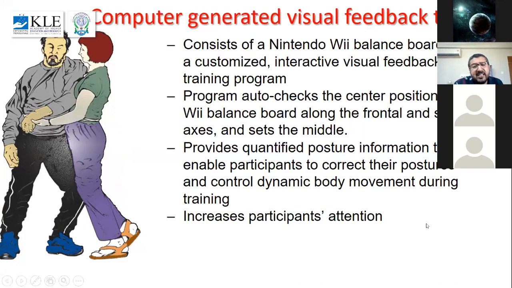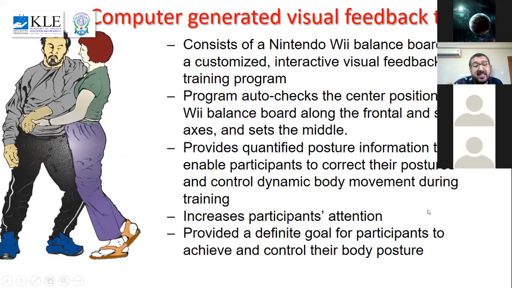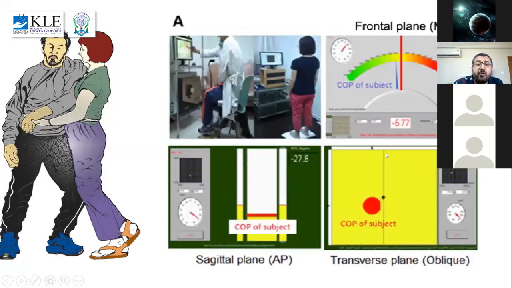One good thing is that active participation is required. The patient's attention will also be better. He is focused towards a goal and he needs to attain that. So you can see here all these various gadgets that are used for improving posture, particularly virtual reality, as well as balance performance units, as well as mats like that.